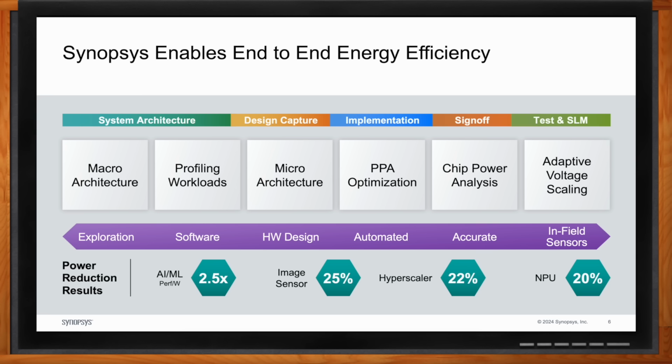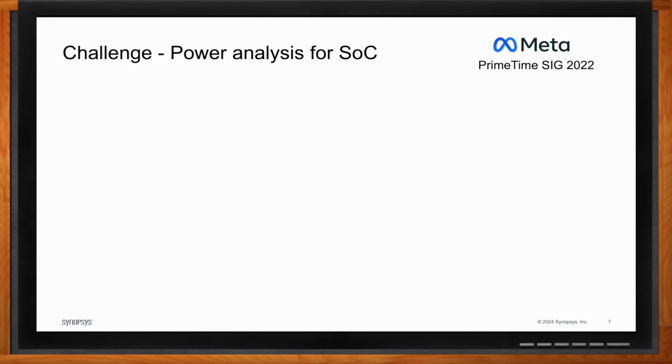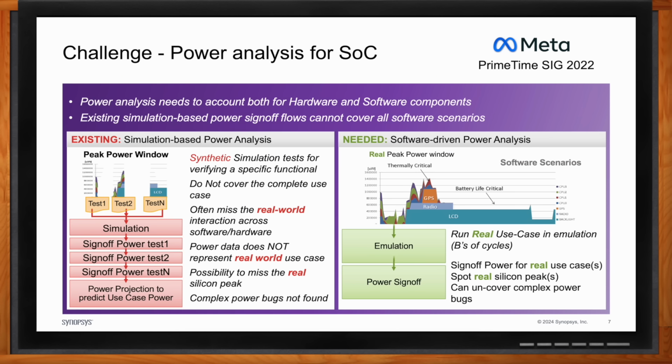So, power analysis is fundamental to the energy efficiency methodology. What are the specific issues with power analysis? Yeah, power analysis is fundamental. You cannot optimize what you cannot measure. So you need to really have a good power analysis methodology.